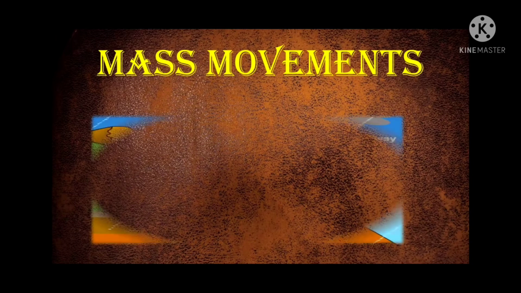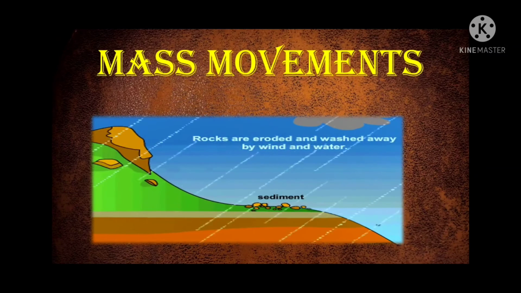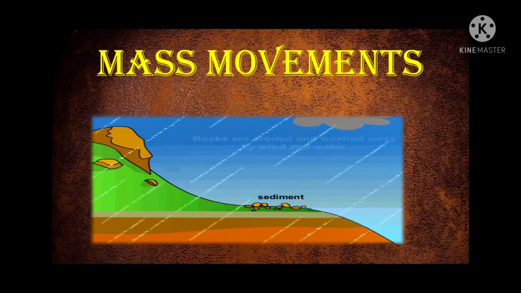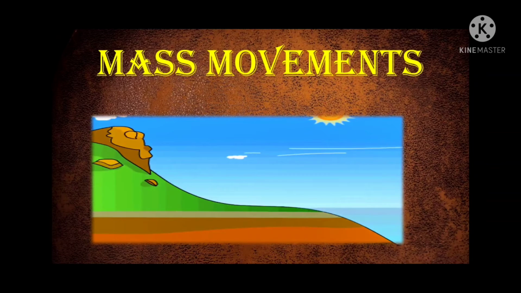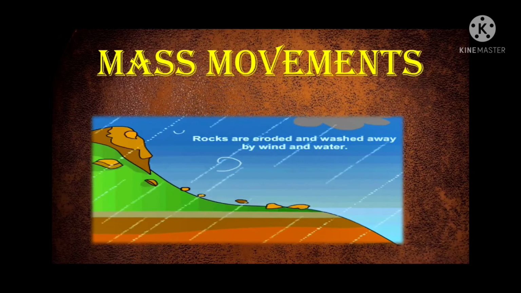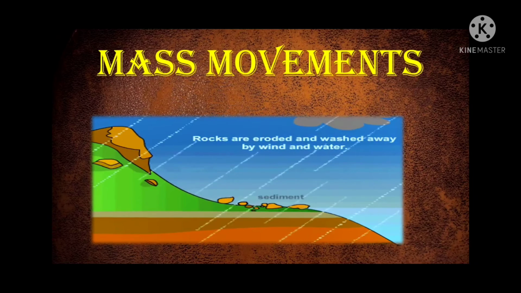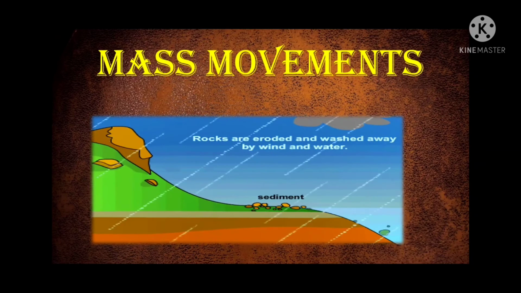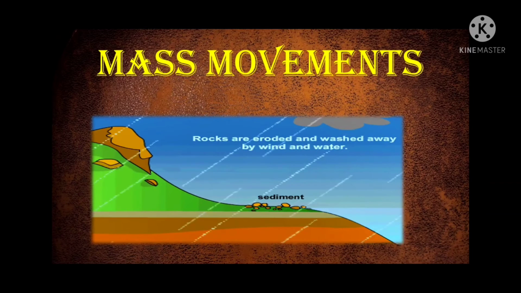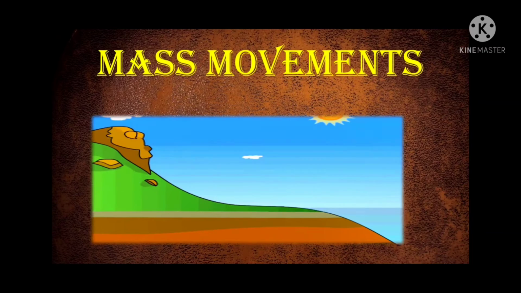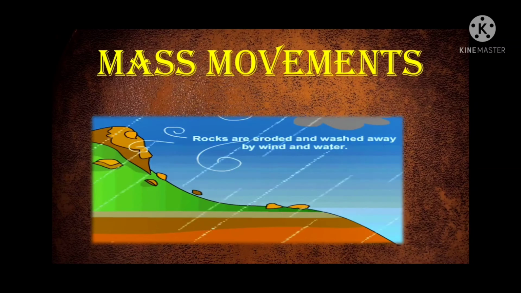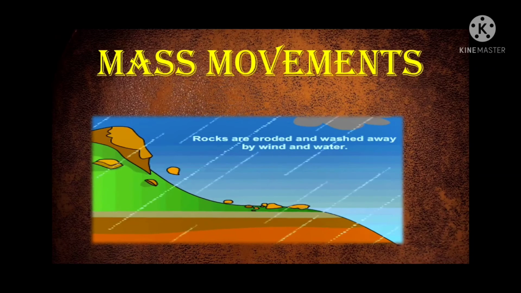Now, let's move on to another topic, mass movement. Let us understand how mass movement leads to weathering of rocks. You will notice that the rock particles start moving along the slope due to gravity. The weathered rocks, weathered meaning the broken rock material, start moving along the slope due to gravity and accumulate near the foothills, that is at a lower side or a gentle slope.